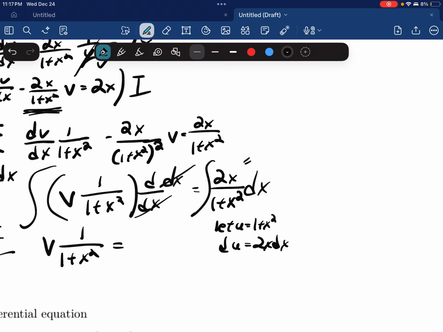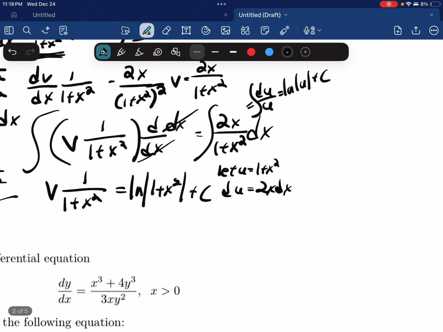So this is just du over u, which is just natural log of u plus c. So we know that this is natural log of u, which is natural log of 1 plus x squared plus c. Okay.